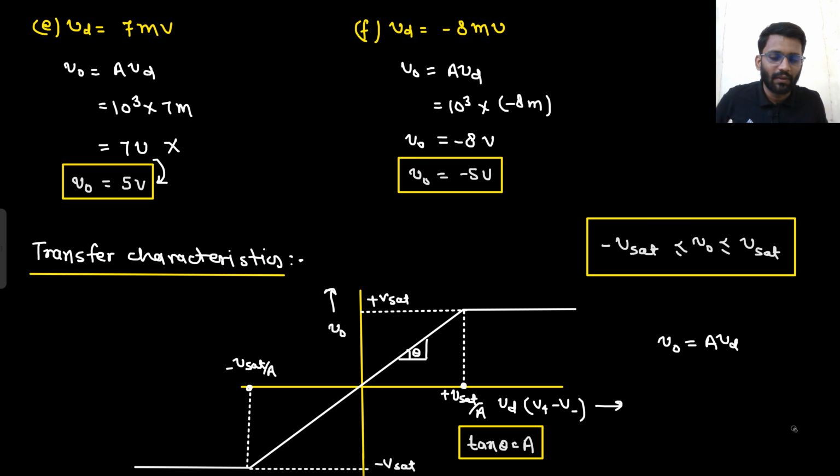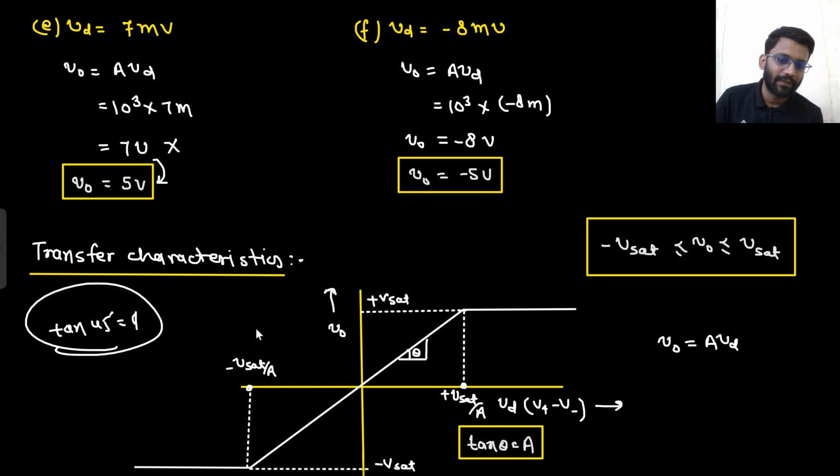That's it. Although the slope feels like it is very low, I have made it look very low, right? Here, what do you think is the value of theta? If you see the graph, it feels like the value of theta is 45, tan 45. It feels like the gain is 1. You feel like the gain is equal to 1. But no, gain is very high. The slope is very high actually. The slope is something like this. Okay, it is pretty high.